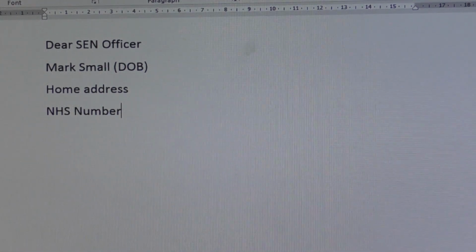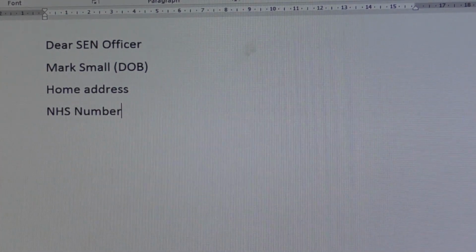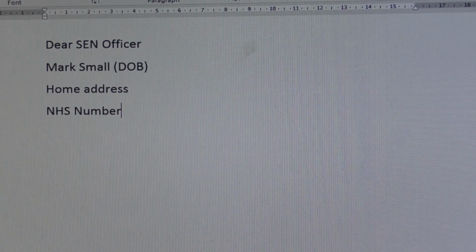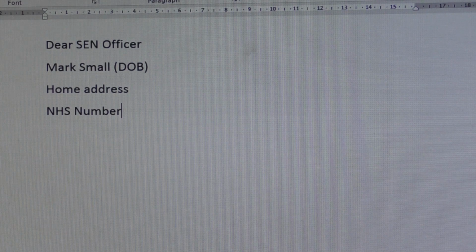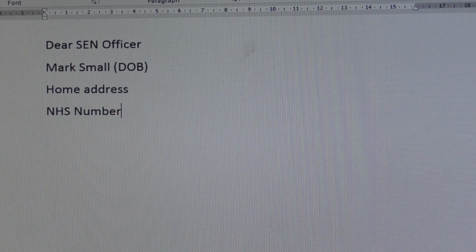The reason it's quite helpful to put it in the request is that when the local authority seeks advice from the designated medical officer who represents the health service, that NHS number will disclose to them which services are known to your child and therefore which information may be passed to the local authority. So if you've got that information, that's helpful.